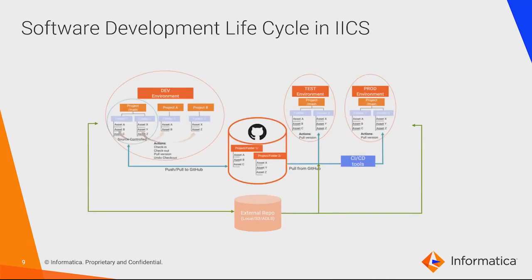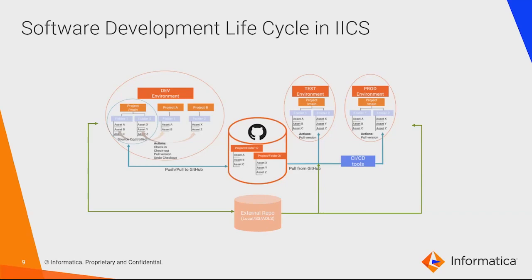Let's talk about the software development lifecycle in IICS. Typically, the architecture of the development lifecycle in Informatica Cloud looks like this. We'll have different Informatica Cloud orgs. We can call an org a repository or sandbox, and we can classify them as dev, test, or prod. In dev, that's where developers or designers develop the assets, and then they save those assets in a project folder.